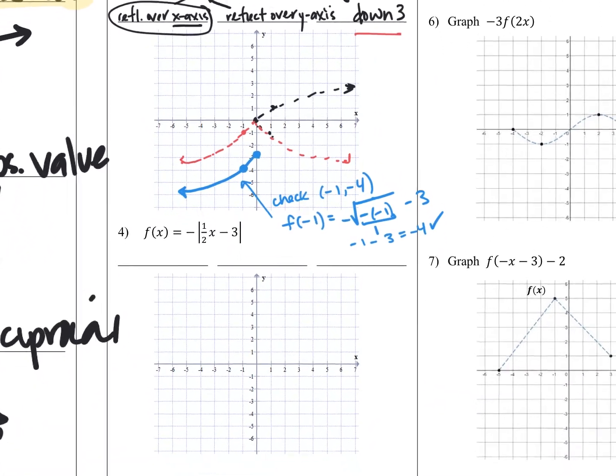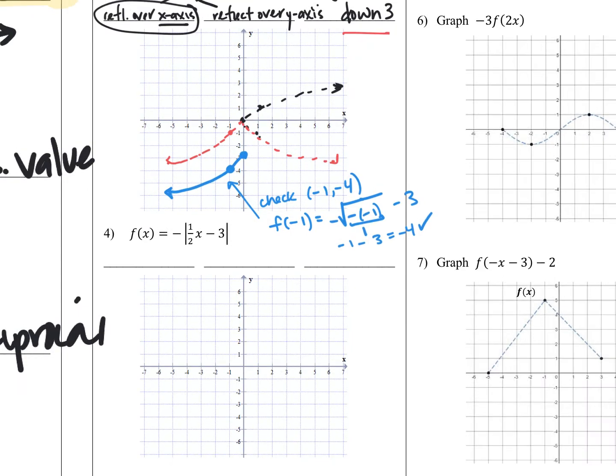So now inside here, this one is a little bit less kind of clear. We know that we're doing a reflection again. So reflect over the x-axis. Now inside there's a few different ways that you can do this. I think the easiest is to factor the 1/2 out. So we can see 1/2 times some quantity.